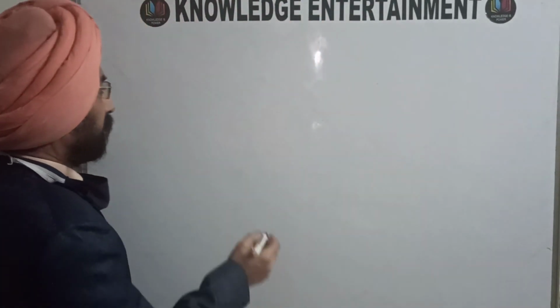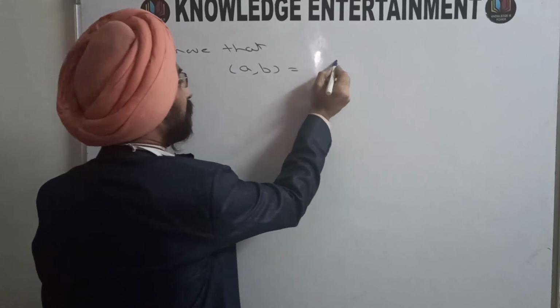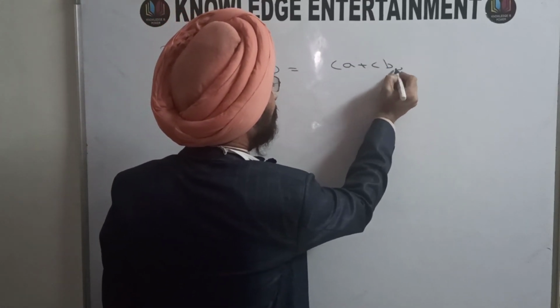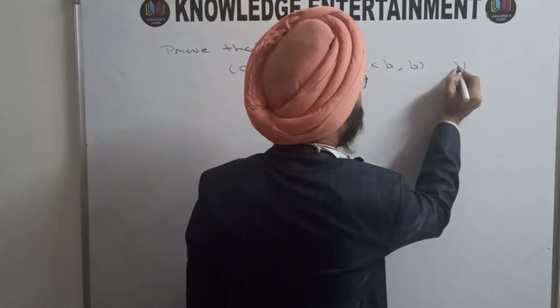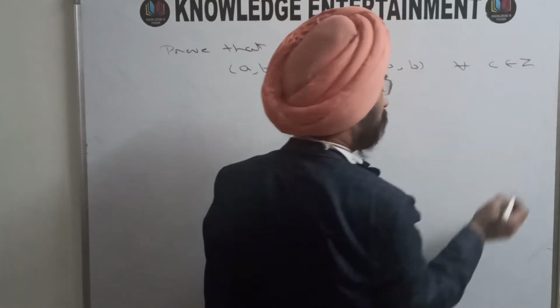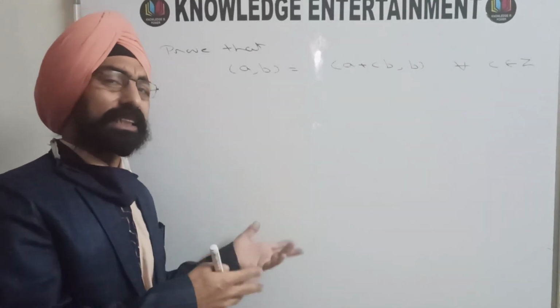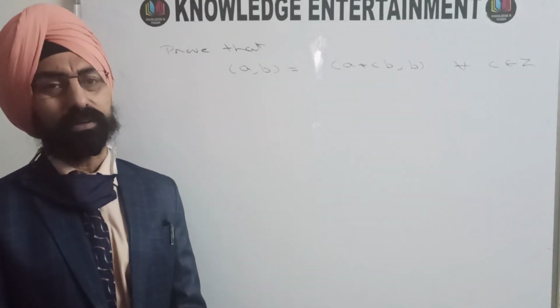And now another theorem: prove that the greatest common divisor of A and B is the same as the greatest common divisor of A plus CB and B for every C belonging to the set of integers. And the proof I'm not going to do. I'm leaving this theorem for you students.